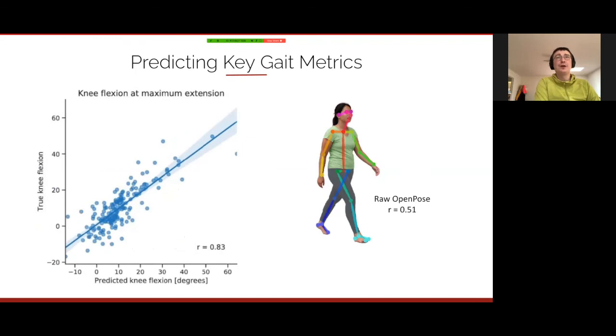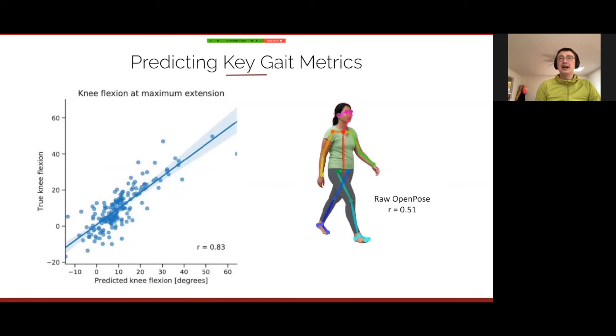How does that perform? We were interested in several gait metrics that are commonly used in practice. So first is the peak knee flexion. Knee flexion is the angle in the knee that we could potentially derive directly from OpenPose by just looking at the angle here between those two bones.